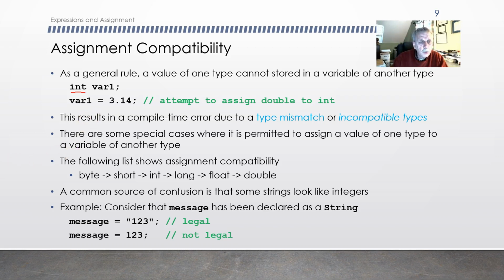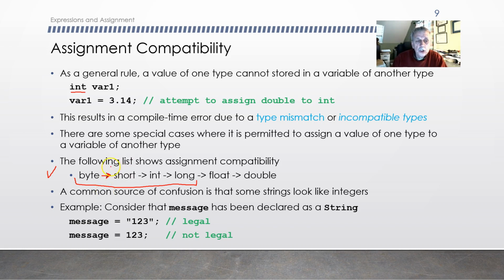So we can see what's acceptable by looking down here. I can put a byte, which is a very small integer, into a short, which is integer storage for a slightly larger integer. And I can put a short into an integer. Those are all fine. In fact, I can put any of those into a long because these are all integer storage, but they're of different sizes. So notice I've indicated with kind of an arrow the direction of permissible assignment.